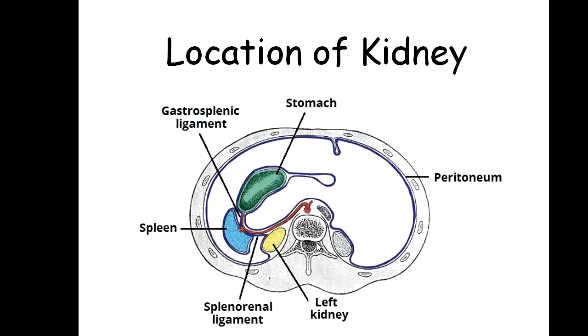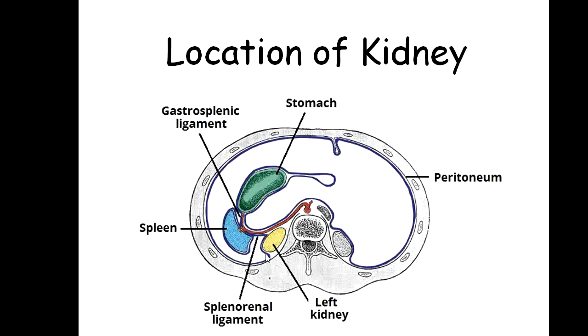You can see these are the horns of the vertebral column, or vertebrae. This whole represents the vertebral column, and inside the vertebral column there is the spinal cord. And this is the kidney. So the kidney is located inside the abdomen.